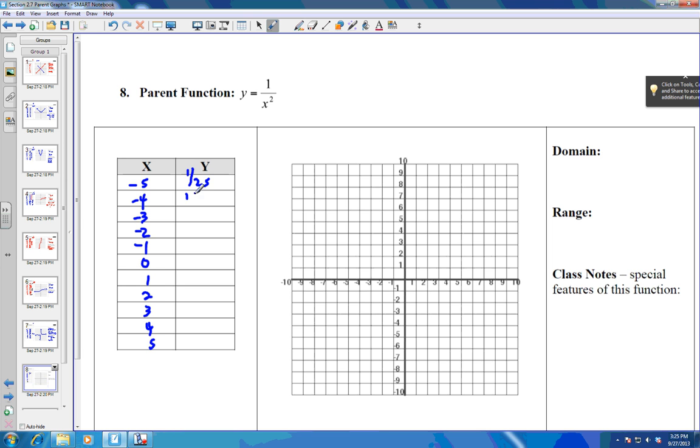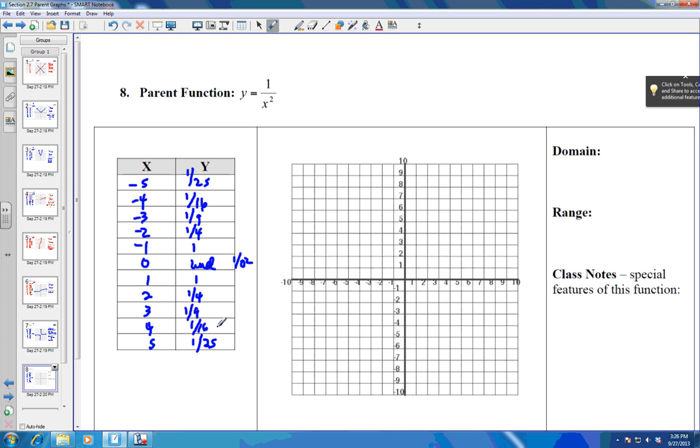This is going to be 1 over 16, 1 over 9, 1 over 4, 1. This is going to be undefined because I can't have 0 in the denominator. Then 1, 1/4, 1/9, 1/16, 1 over 25.